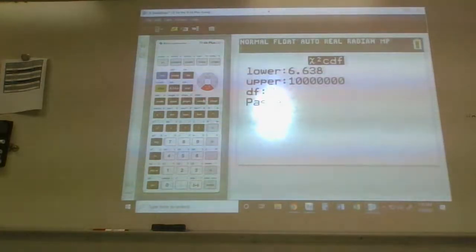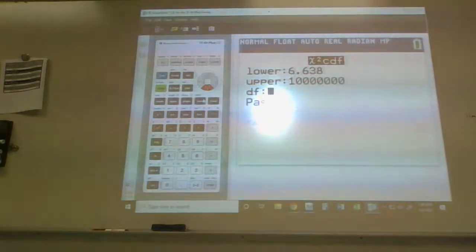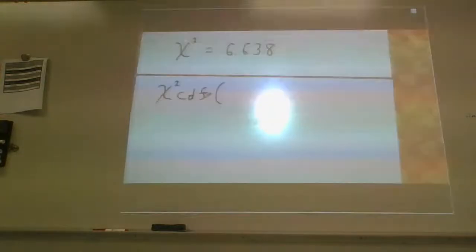The reason I say 123 is because there are 124 students in the bio class. There's 124 students, but the degrees of freedom is not 123 because degrees of freedom for chi-squared is not based on the sample size. It's based on the number of categories.